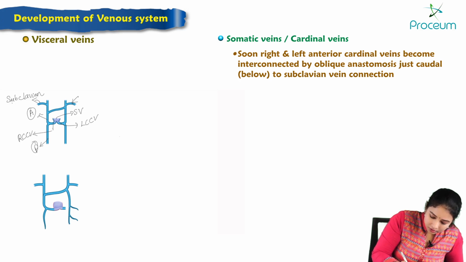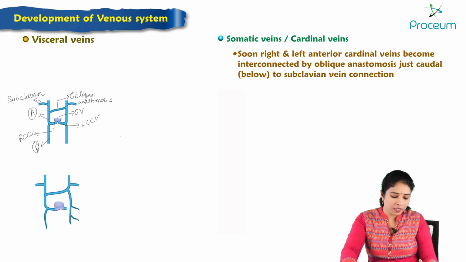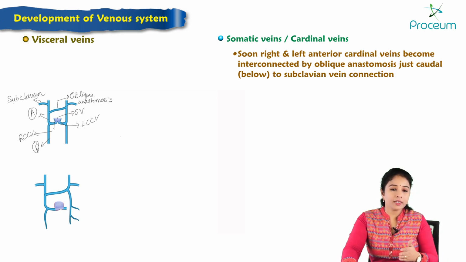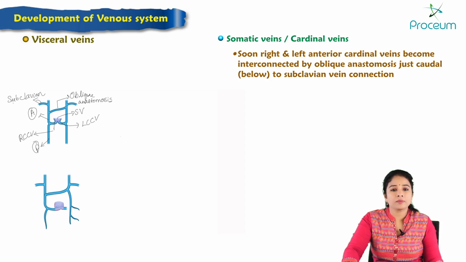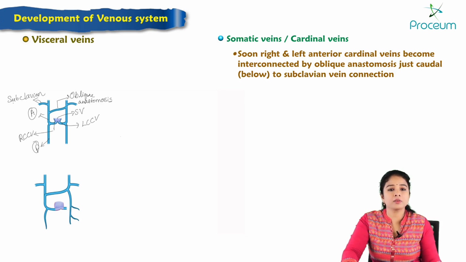So, this is the oblique anastomosis connecting both right and left anterior cardinal veins. This anastomosis is just caudal to the connection with the subclavian vein, you can see in this image.